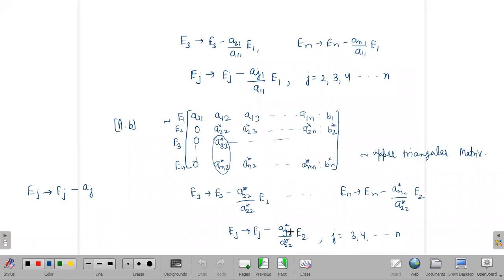Means I will make 1, 2 also generalized. So here I will take Ei. Because here I have put 1, 2 also in generalized form. So here, what is i starting from, and j? Can you tell me what i will start from, and j?